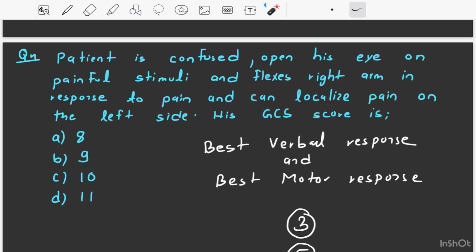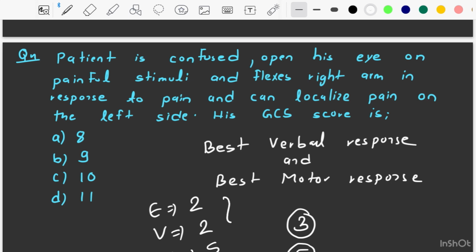So we take the best capability of the patient, that is localizing the pain. So the eye opening is 2, the verbal response is 4, and the motor response should be 5. So we have a total GCS score of 11.